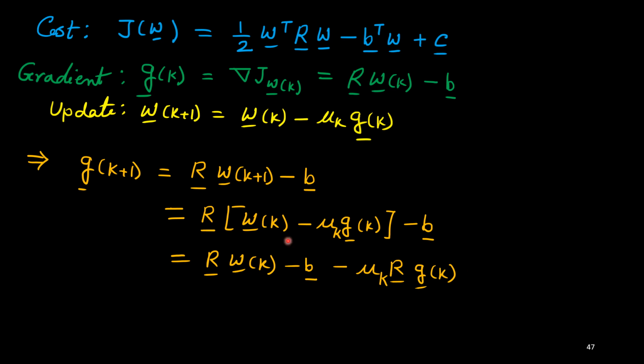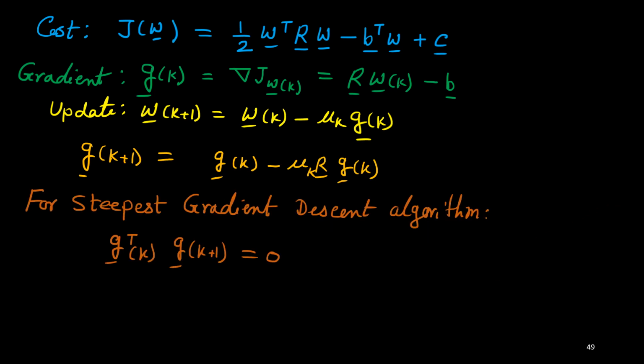Now what is this? R wk minus b, this one, is basically gk. So you can replace that thing with gk. So this is your gk, and this is your mu k R into gk. That is your gk plus 1.